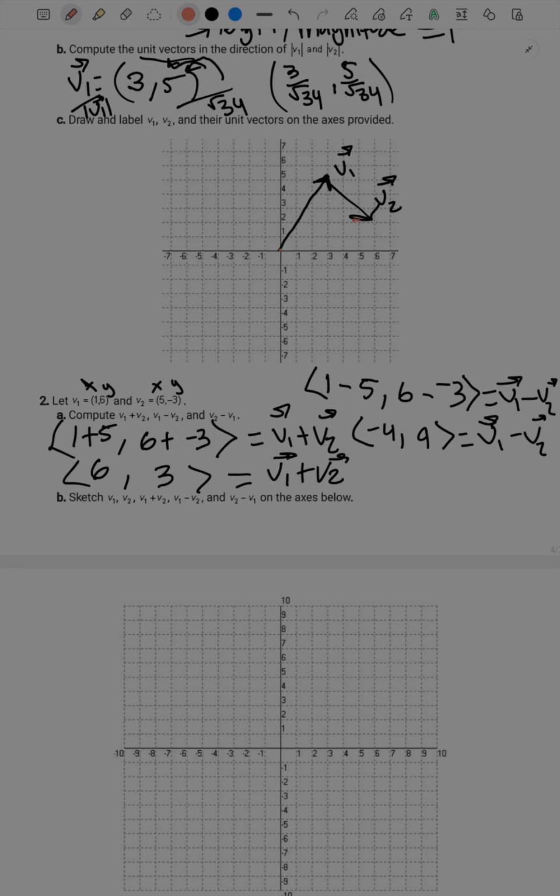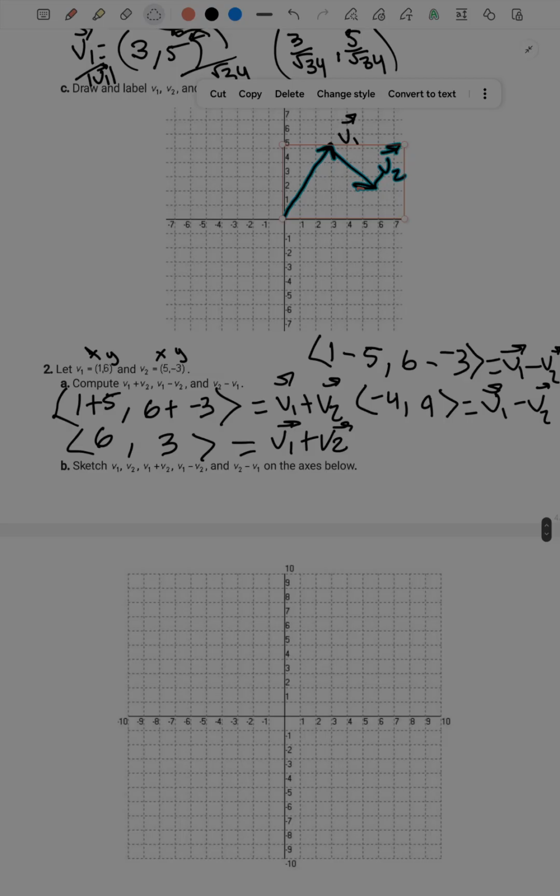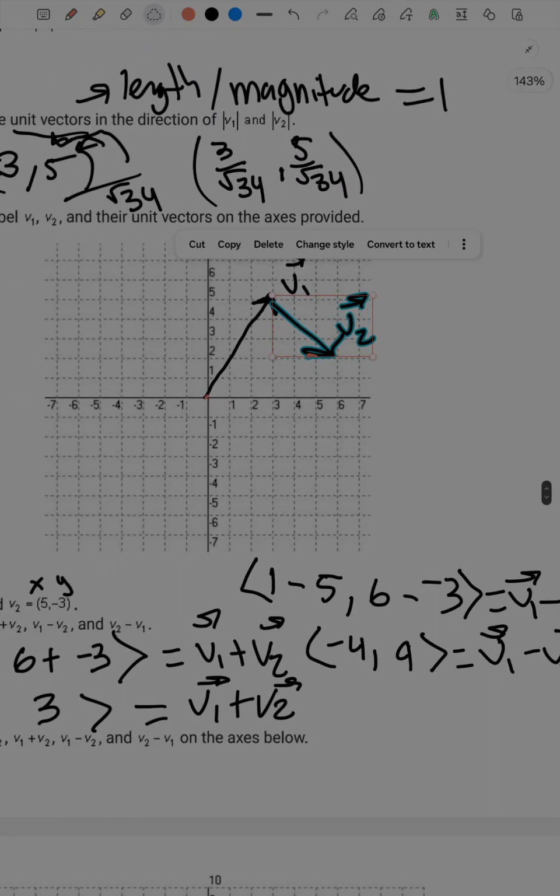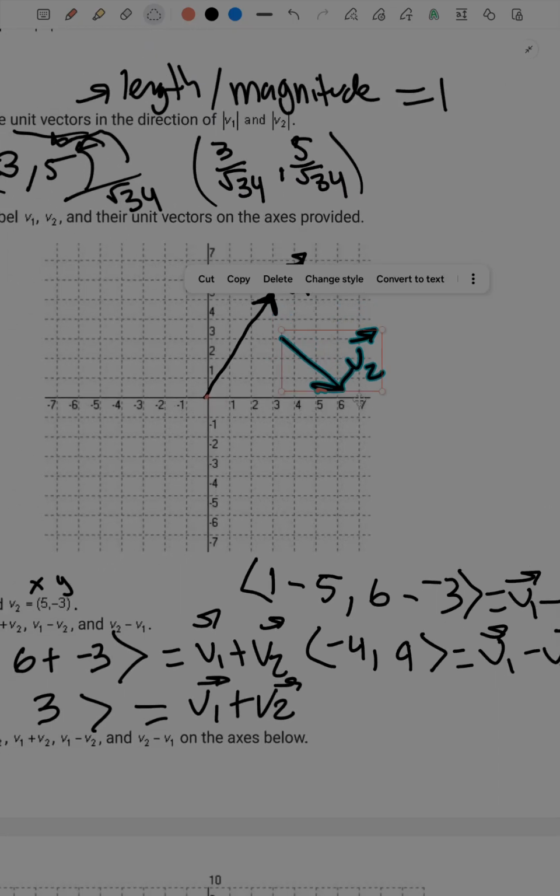Okay, and then if we're subtracting vectors, we're going to flip one of them. So if we're flipping v2, because you're multiplying it by negative 1, which is really just flipping the sign, or I guess the direction that it goes. Okay, I'll just draw a new one. So we're going to draw it up here going the opposite direction.